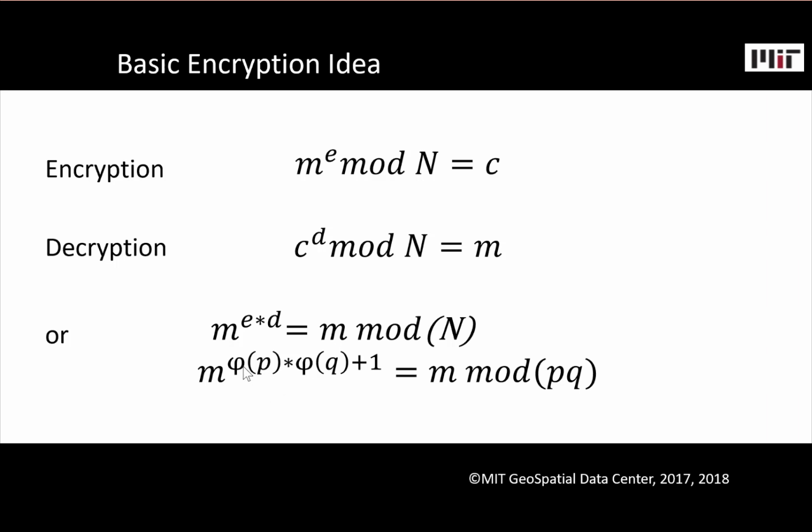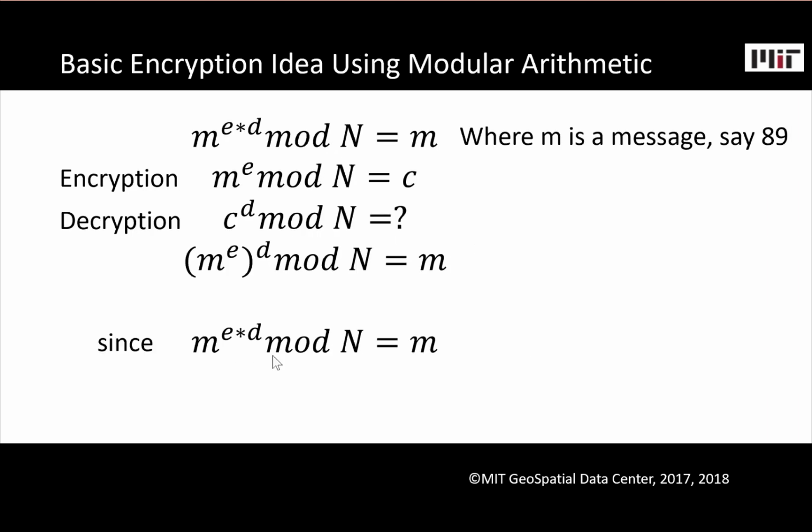So I can take some message and raise it to some power, and then raise it to another power. So what we could do, for example, is take our message, raise it to the power E, take the modulus, and now this is C, our encrypted message.